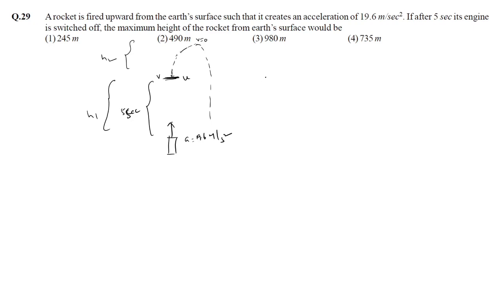So now acceleration is 19.6, and for 5 seconds, with what velocity is the rocket moving up? That is 19.6 into 5, 98 meter per second, right? So now the height reached in 5 seconds, that is h1, it is half g t square.